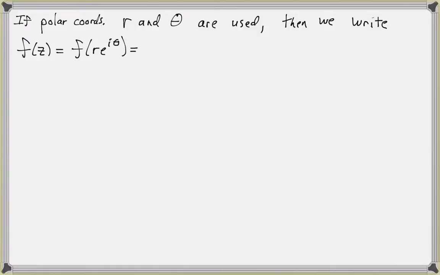Now u will depend on r and theta, and v will also depend on real numbers r and theta.